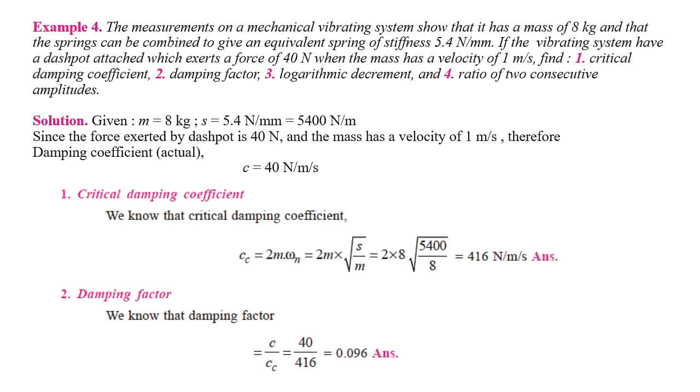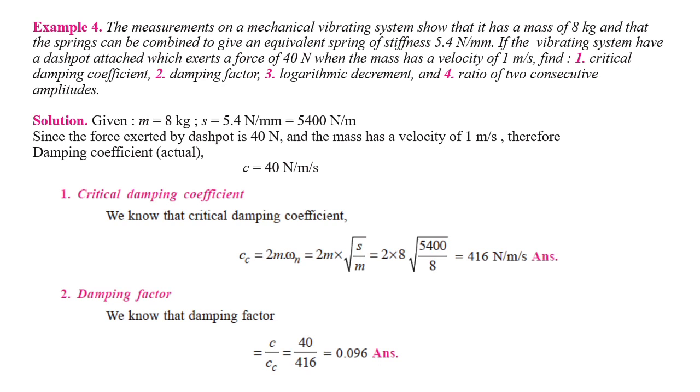Therefore, in this sentence, indirectly what is given? Indirectly you have been given the damping coefficient C. Force is given, velocity is given. Force is equal to damping coefficient into velocity. Therefore, damping coefficient C is equal to 40 divided by velocity 1 meter per second. Therefore, C is given as 40 Newton per meter per second.